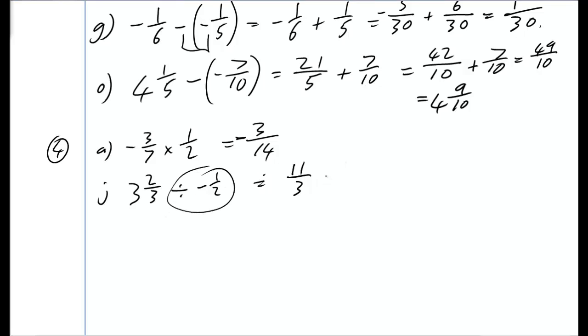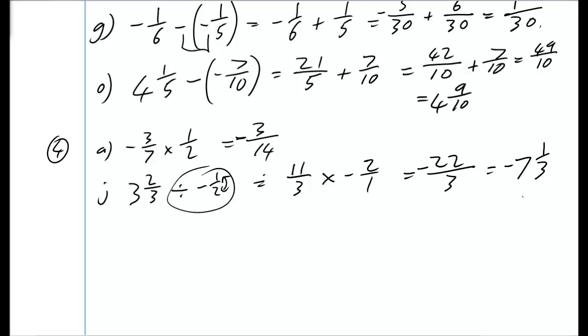That's the same as multiplying by this thing swapped upside down, 2 over 1. Okay, so we have 22, 2 times 11, 22 over 3 times 1, 3. So that'll be negative 22 over 3. 3 sevens are 21, so that'll be the same as negative 7 1/3.